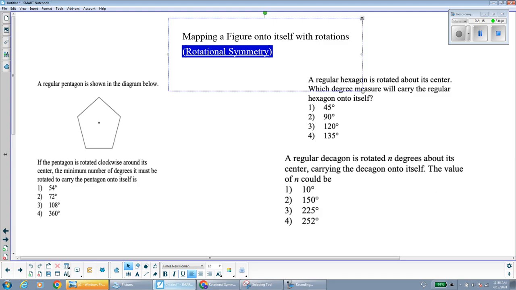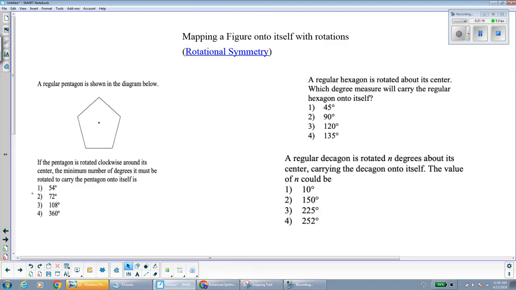So over here, the answer to the question is 72 degrees. That's the first time that it will look like itself. And we can figure that out by doing 360, which is a full circle, divided by the number of sides and angles, which is 5 in the pentagon, and that gives us 72 degrees.